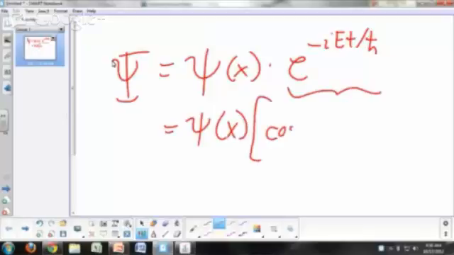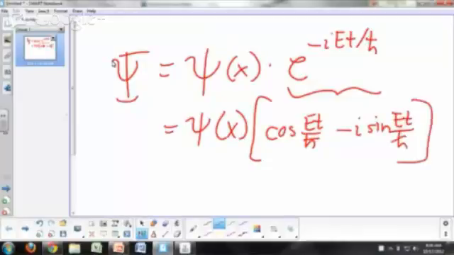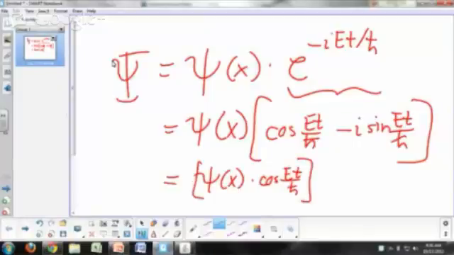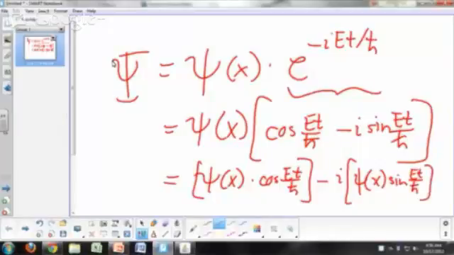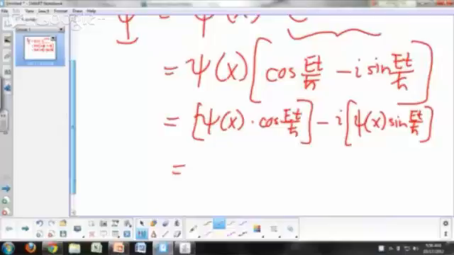This is just cosine E t over h bar minus i sine E t over h bar. So the real part is psi of x times cosine E t over h bar, which depends on time. And the imaginary part is also dependent on time, psi of x times sine E t over h bar.